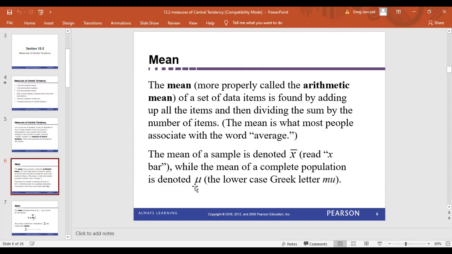That would be population. Whereas sample is if we were to take just the average grades in this class. That's the difference between sample and population.